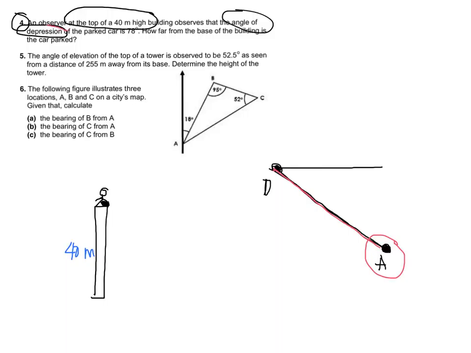The angle of depression is measured from the horizontal down to the line of sight. So this is the angle of depression.